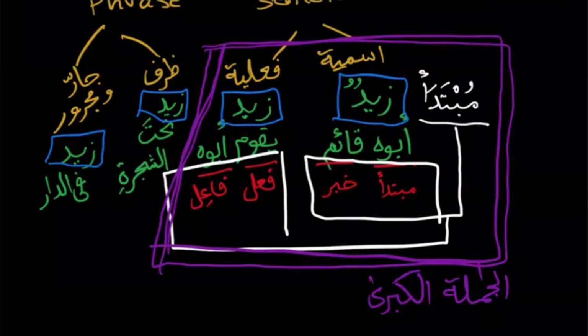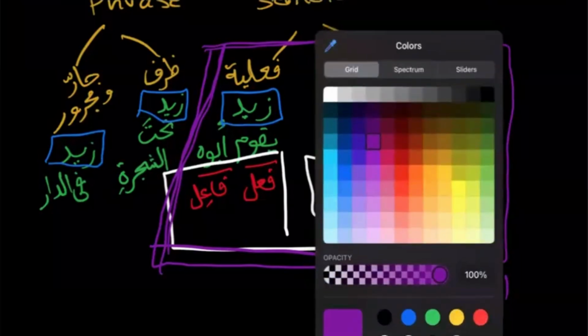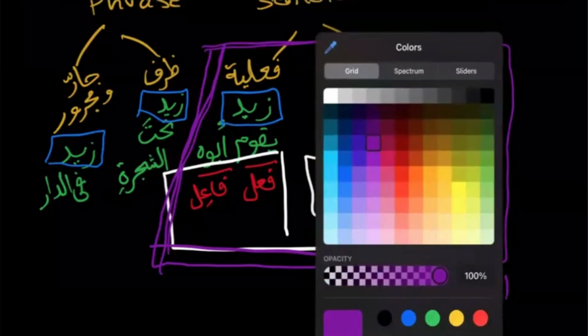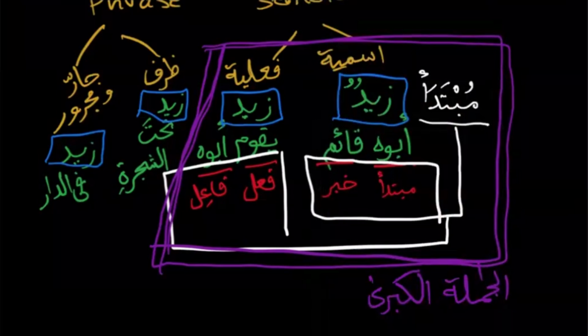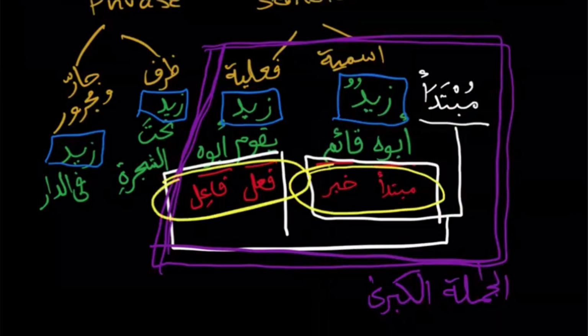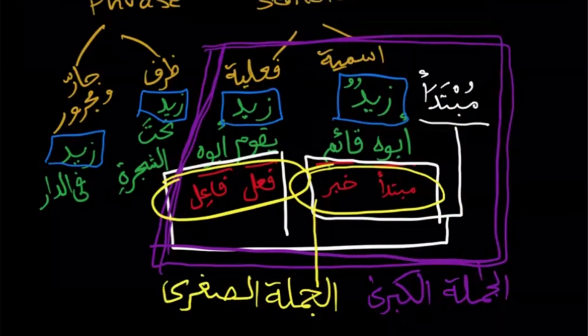And this mubtada and khabar, or this fi'l and fa'il, is called al-jumla as-sughra, the minor sentence, or clause if you want to translate it as clause.